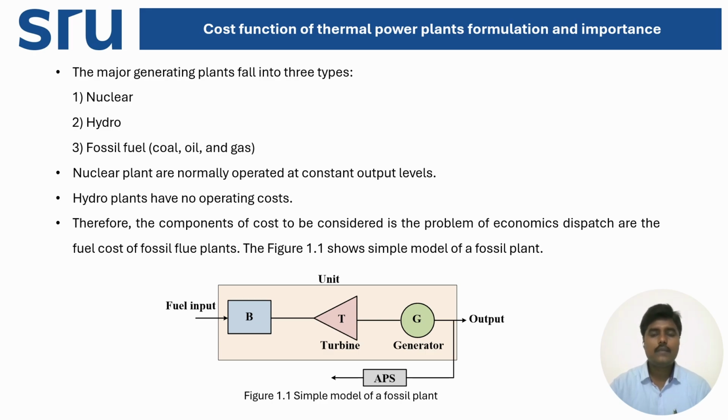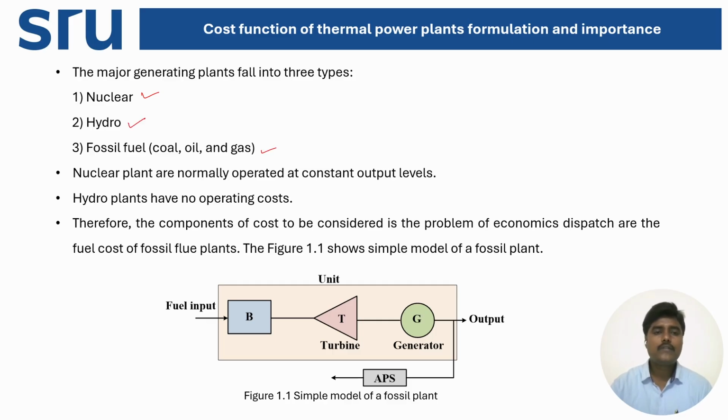And then we'll see one important technique that can be used in solving the economic load dispatch problem, that is the Lambda-Iteration method. So first we'll cover the cost function of a thermal power plant. Basically, the major generating plants fall into three types: nuclear, hydro, and fossil fuel based power plants.